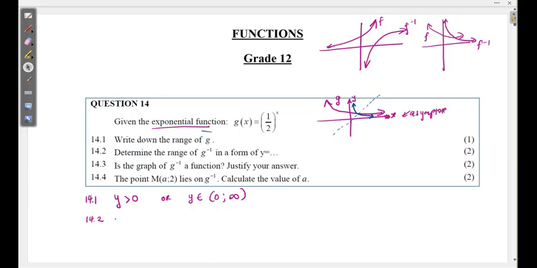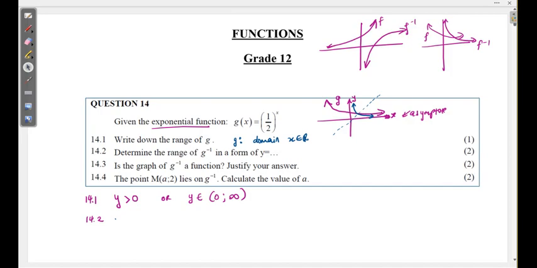And here we have the range. What would you say is the domain of G? Negative infinity to positive infinity. Right, so it means x is an element of real numbers.